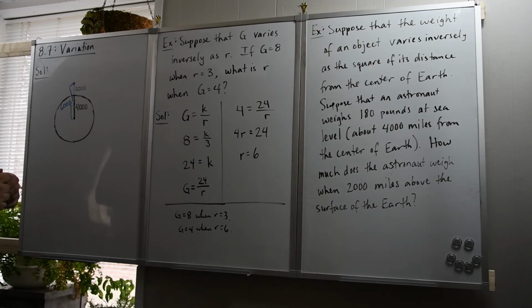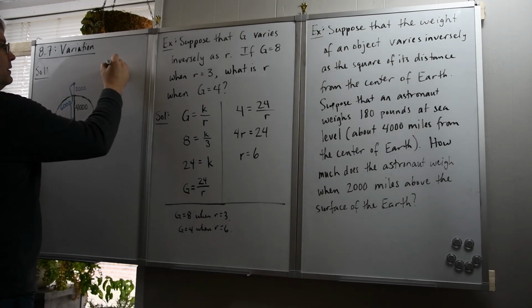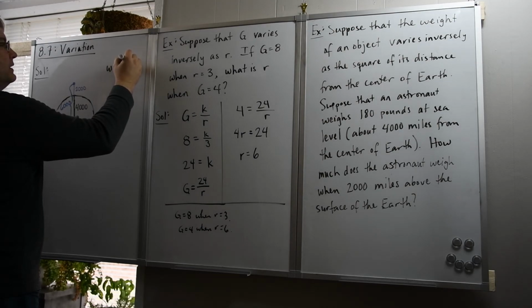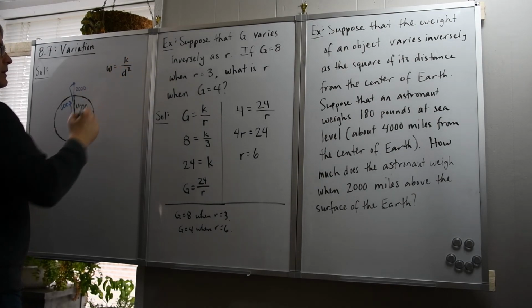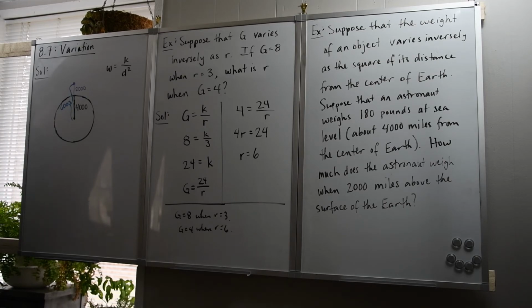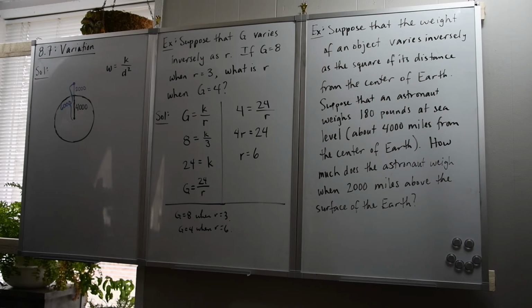So the weight W is going to vary inversely as d squared. That is, W is equal to k over d squared. So this is our inverse variation equation.